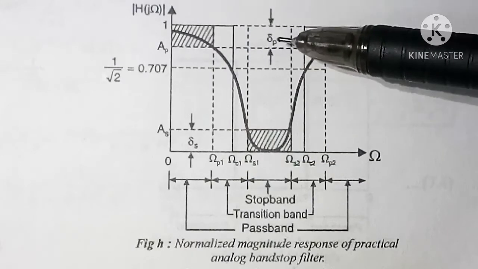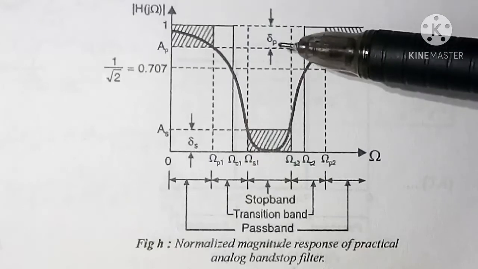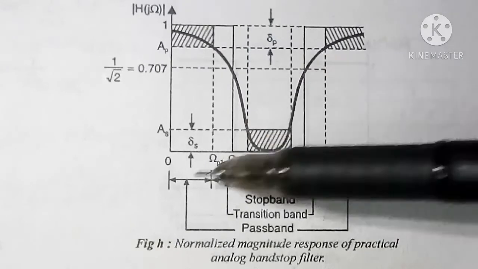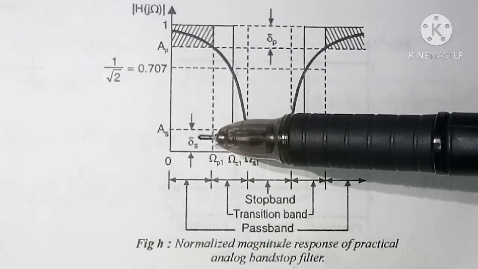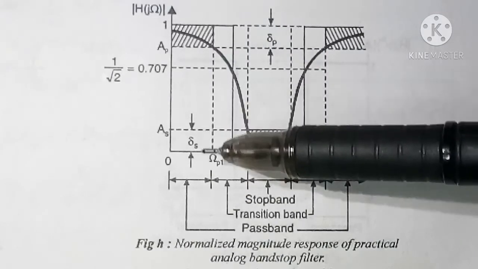The ripple in the pass band is denoted by delta P. The ripple in the stop band is denoted by delta S.